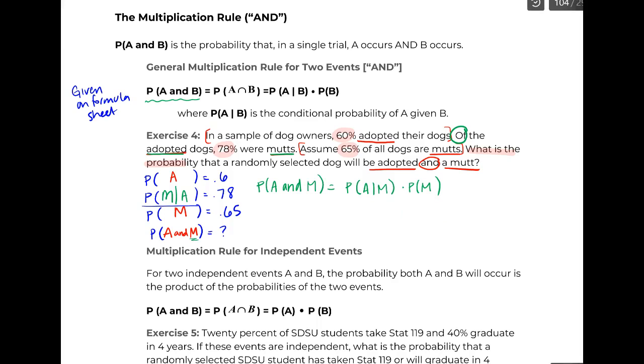And what we're going to have to recognize is that while the order matters a lot for a conditional, it doesn't matter for "and" or "or." Because remember, if we're thinking about the Venn diagram, "and" is the area between. So I don't care if it's an adopted dog and a mutt, or if it's a mutt and an adopted dog, those mean the exact same thing.